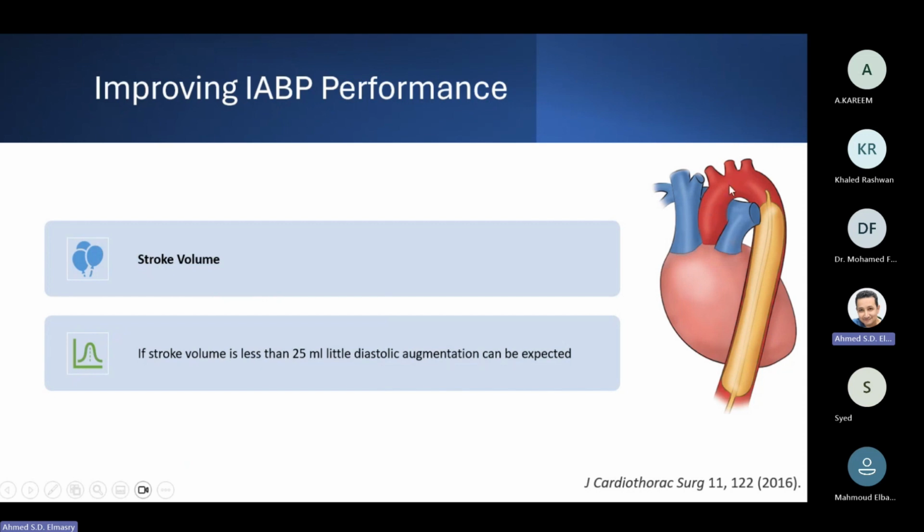So if the volume inside the aorta is less, the diastolic augmentation will be less. If the volume of the intra-aortic balloon is low, the diastolic augmentation will be low. If the patient is having vasoplegia and the aorta is becoming more redundant, then whatever the inflation of the intra-aortic balloon volume and size, it will be useless and will not improve the diastolic augmentation.